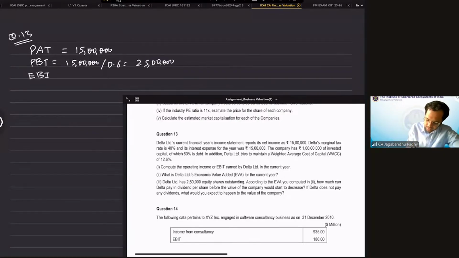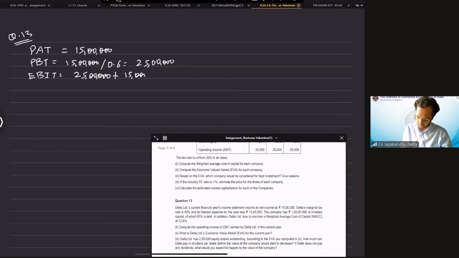And then we'll get the EBIT. This will be 25 lakh plus an interest expense of 15 lakh. So EBIT is 40 lakh, guys? Yes. Correct. EBIT is 40 lakh.